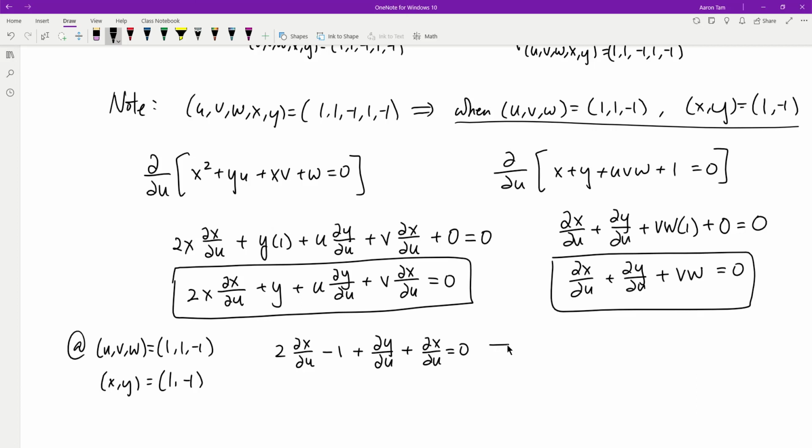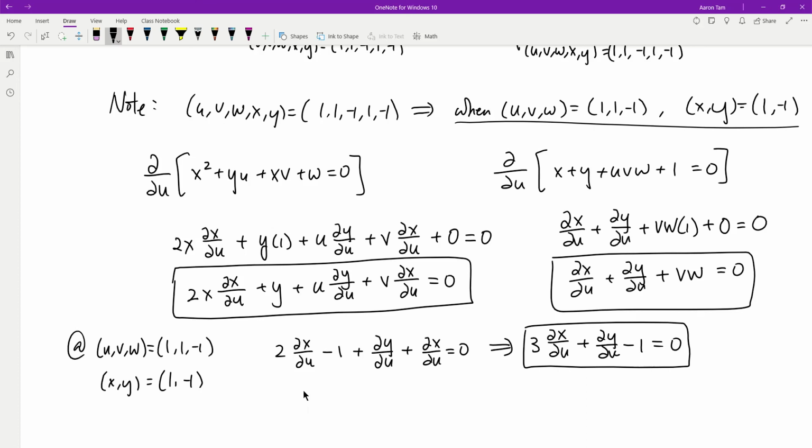And this turns into this equation. 2 dx du plus dx du becomes 3 dx du, plus 1 dy du, minus 1 equals 0. So that's the equation that we have at this particular point.